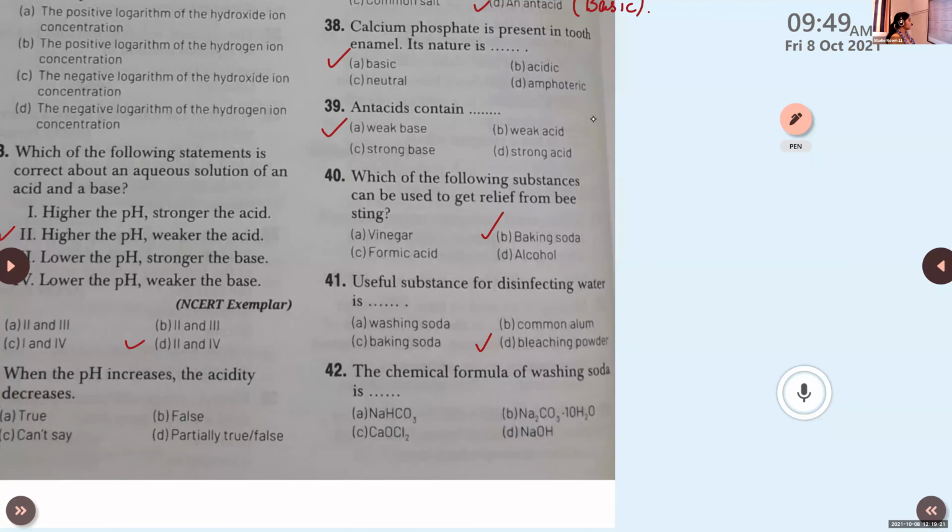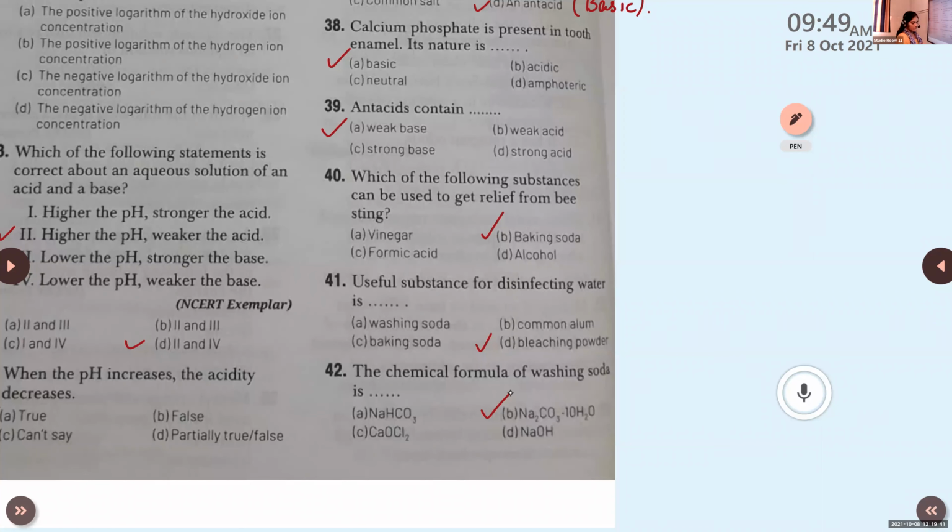The chemical formula of washing soda is which one? Na2CO3, 10H2O.